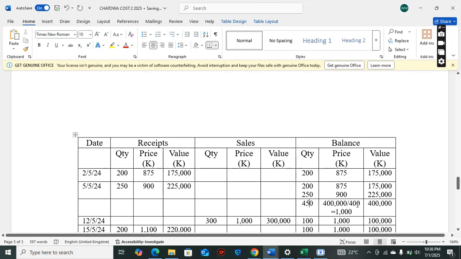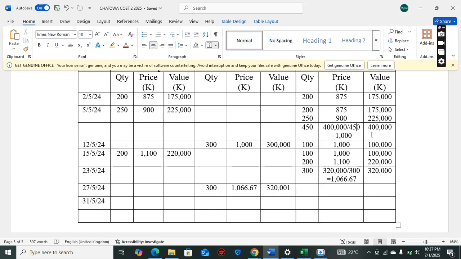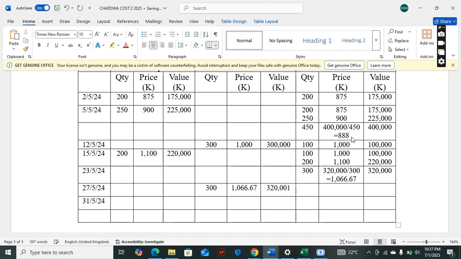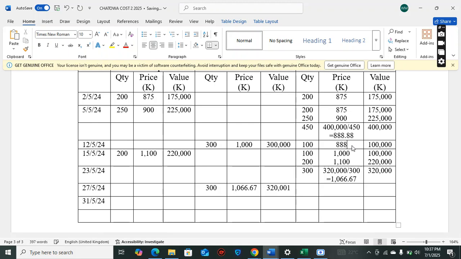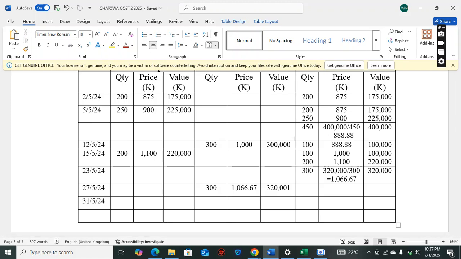So here it was 450. So 400,000 divided by 450. $888.89.